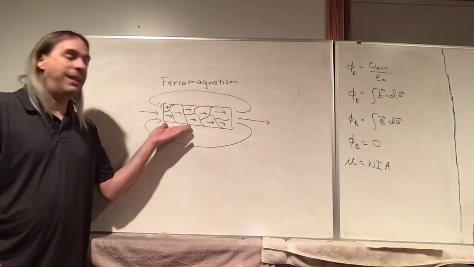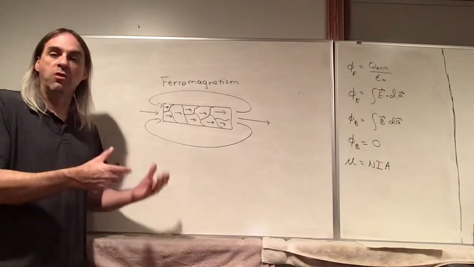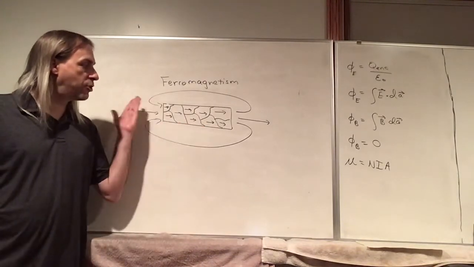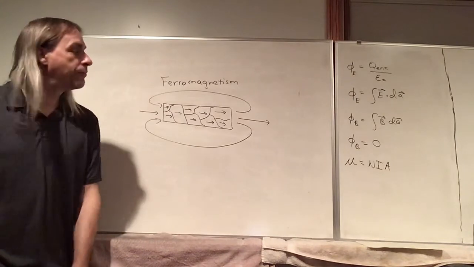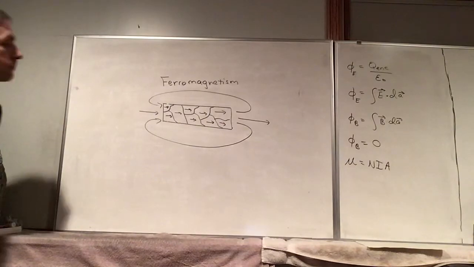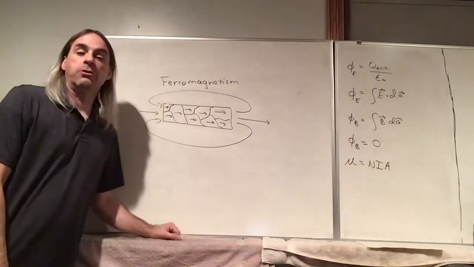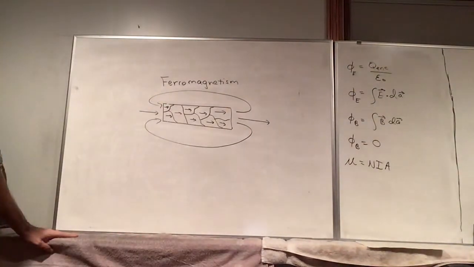One way to do it would be to heat this, because you add thermal energy, the molecules move around, so you could destroy this nice alignment with heat. So maybe permanent isn't the right way to describe it, but close enough. For practical purposes, they will remain this way for quite a while, unless you do something to destroy the magnet.